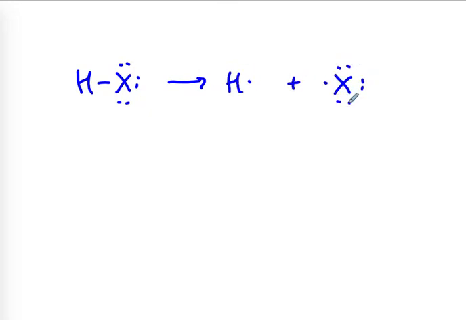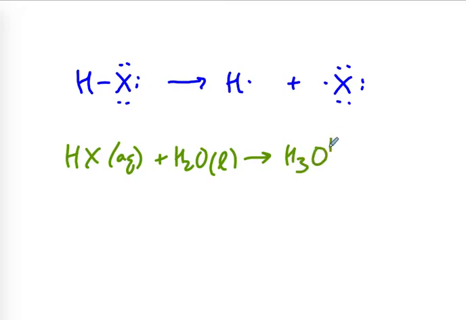When we talk about the bond energy, we are talking about HX splitting apart to form a hydrogen atom plus the neutral X atom. On the other hand, when we are talking about the molecule ionizing in solution to form an acidic solution, we are dealing with something entirely different, namely HX aqueous donating a hydrogen ion to water to form the hydronium ion and X minus.